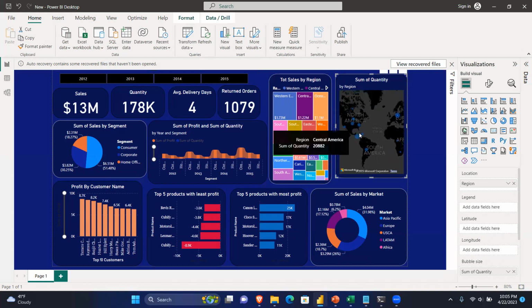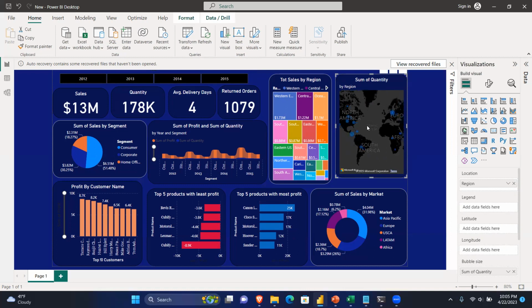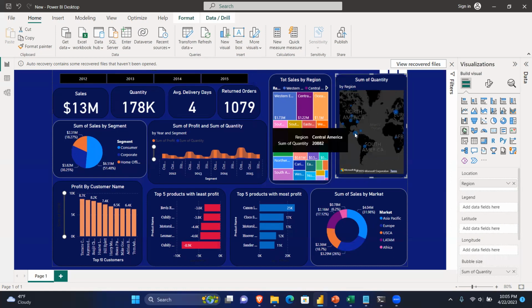The blue dot represents the amount of quantity, so if the quantity is larger, the blue dot becomes larger. If we observe the map, we can see that the Central America region has the most quantity sold, around 20,000. So the sum of quantity is around 20,000 for the Central America region.